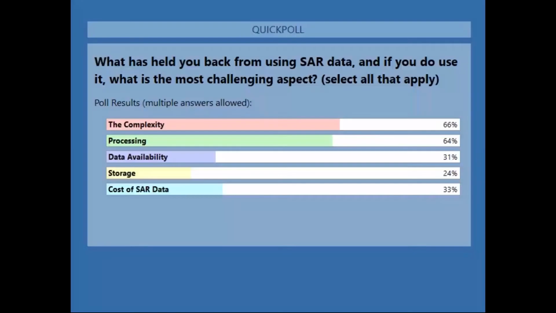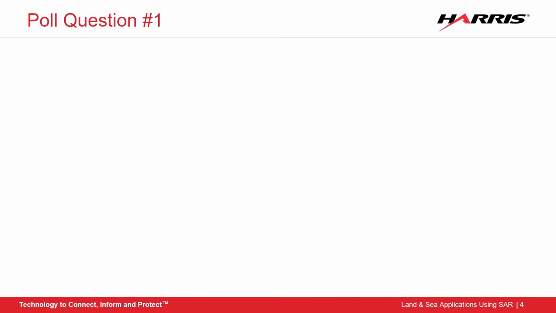Give you a few more seconds. And it looks like the complexity and processing rank is the highest reason for why people have not used SAR data. And those are very common answers to what we hear from other people. So we appreciate you answering those questions for us.